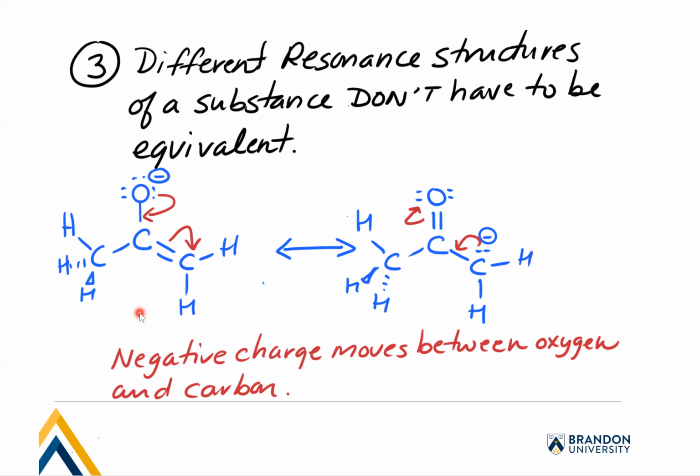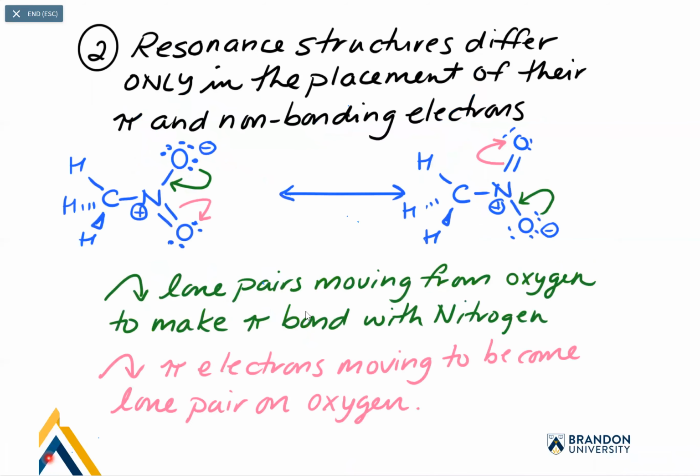Rule number 3 is that resonance structures don't need to be equivalent. All of the previous examples we've done, some people would view this as just that they've rotated this through this bond here to make that.